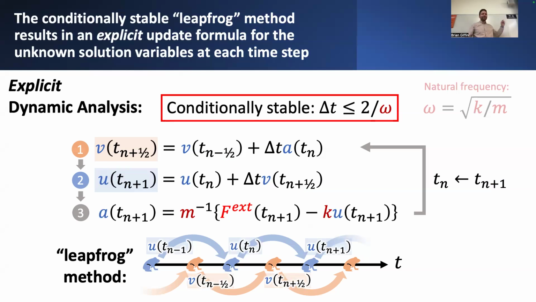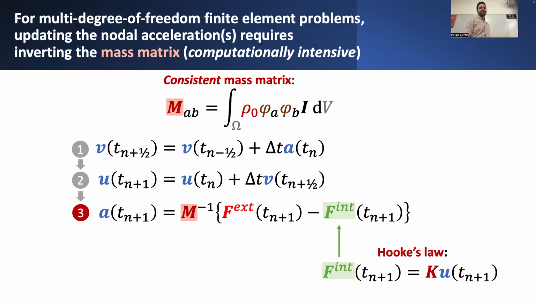So we have to be careful when we're using these explicit dynamic integrators, but they're particularly convenient. They're really easy to implement, and they have a few other nice properties. And to really observe what those other nice properties are, we have to look at not just this single degree of freedom type of time integrator as I've shown here, but we should take a look at the multi-degree of freedom case.